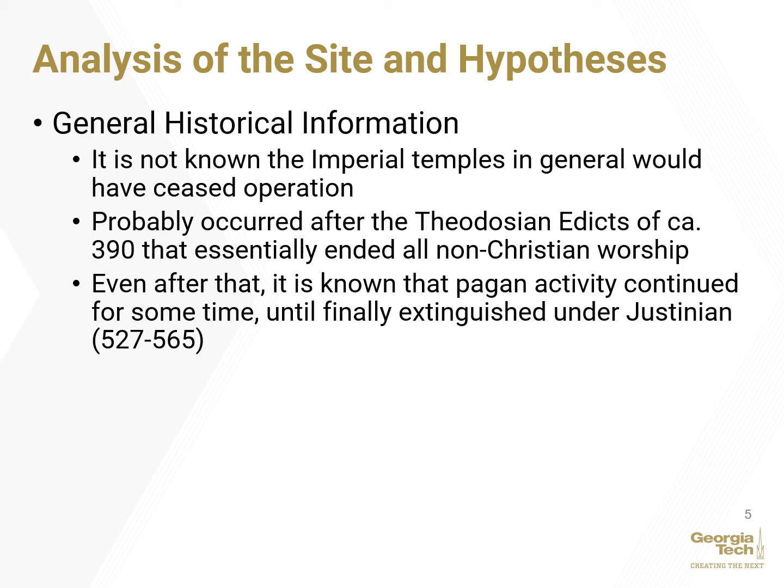It is commonly thought that Theodosian edicts of 390 essentially ended all non-Christian worship, but even after that, it's known that there has been some pagan activity until finally the Justinian period ended that for the Eastern and Western Roman Empire.